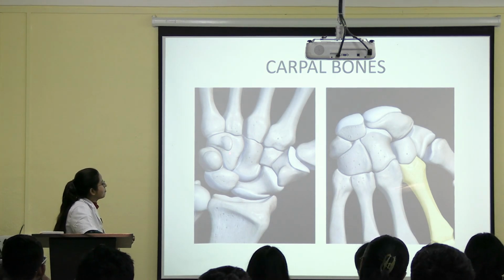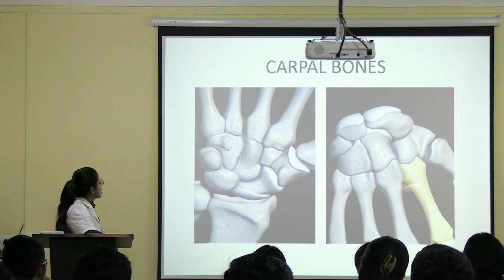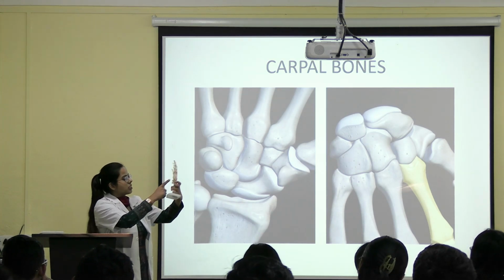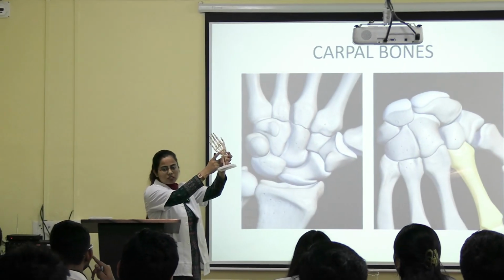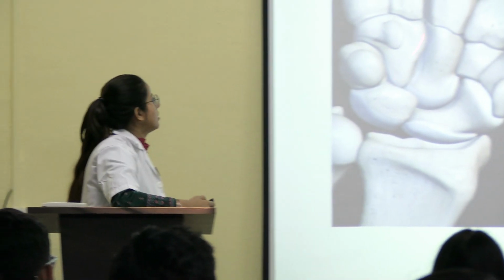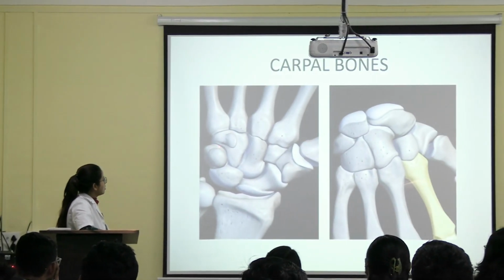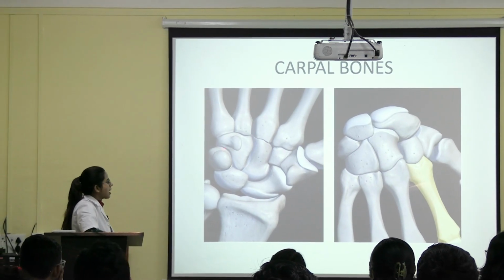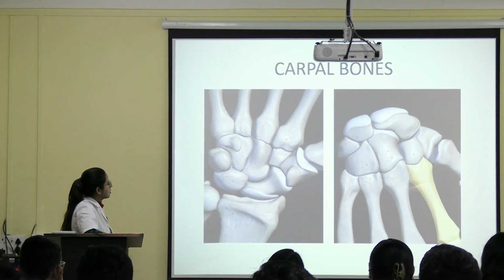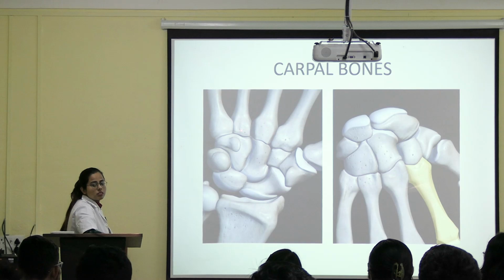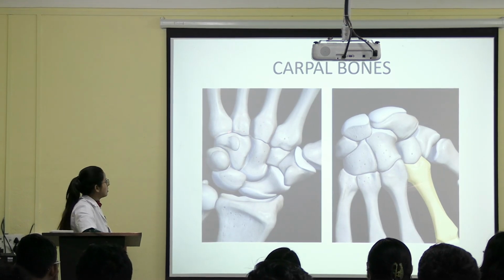This bone is hamate. This is the hook of hamate. It is articulating medially with triquetrum, laterally with capitate, and distally with the fourth and fifth metacarpals.